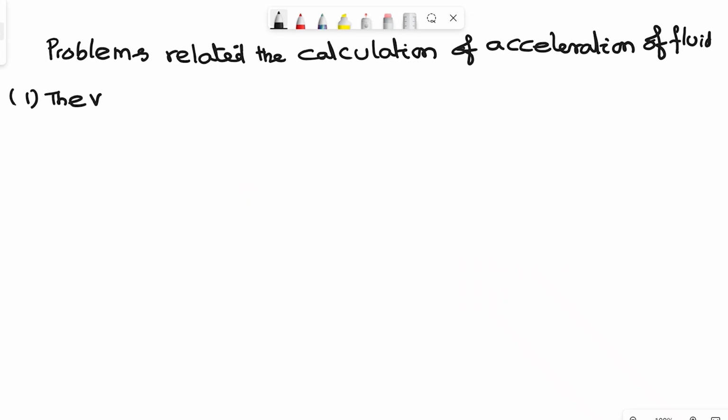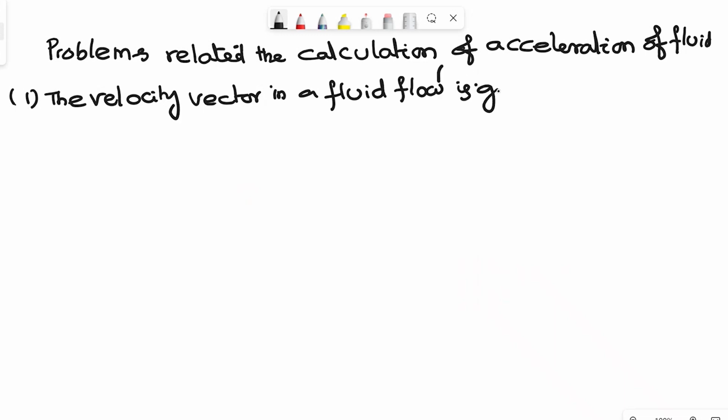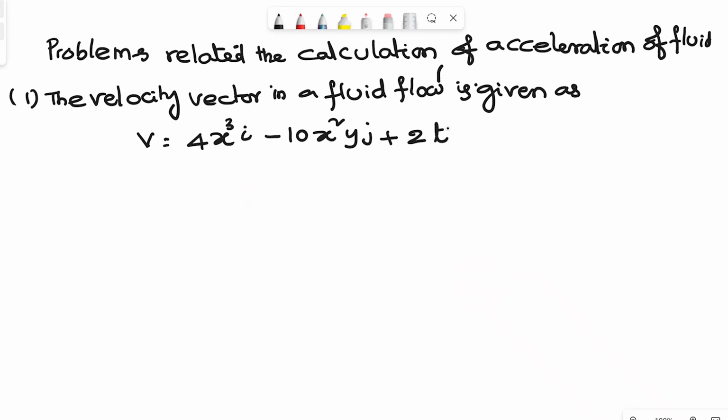The velocity vector in a fluid flow is given as v is equal to 4x cubed i minus 10x square y j plus 2t k.